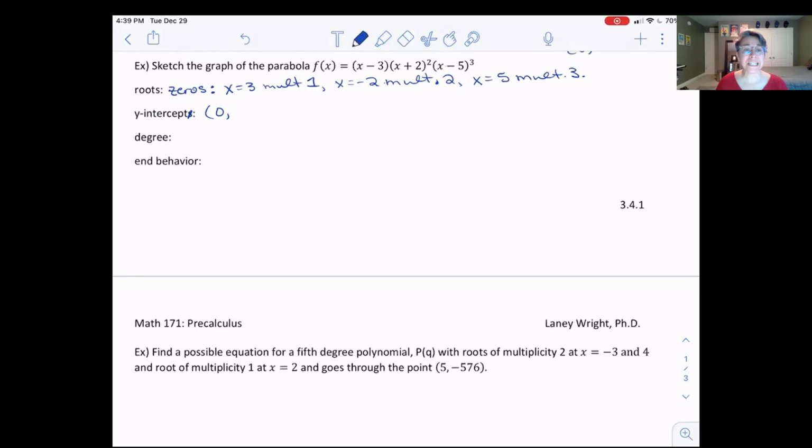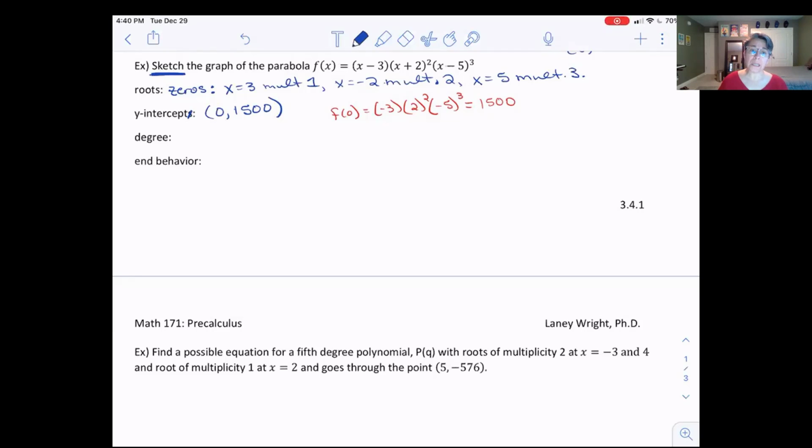So if we plugged in 0, here's the little work off to the side. f of 0, we would get -3 times 2 squared times -5 cubed. And that would give us 1,500 for our y. I know it seems awfully large, but again, we are sketching the graph.